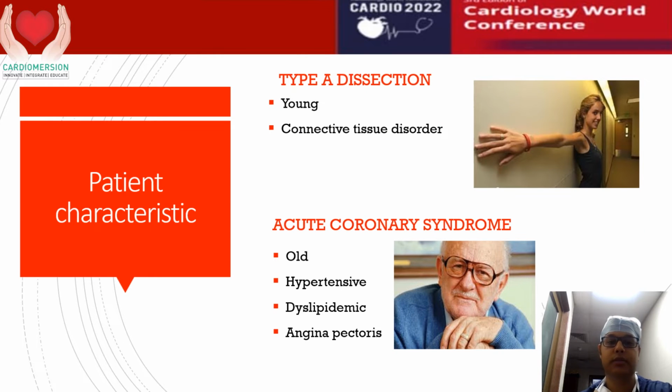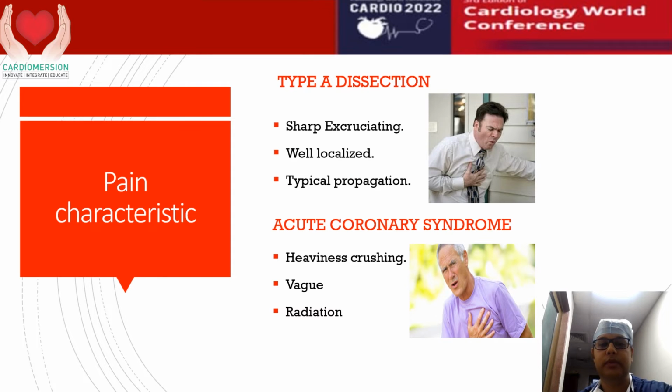acute coronary artery syndrome. So, what are the patient characteristics? In type A dissection, it would be a young patient presenting with a connective tissue disorder. In acute coronary syndrome, it would be an old patient, hypertensive patient, dyslipidemic patient, and angina pectoris may be present. Pain characteristics in type A dissection are sharp, excruciating pain, well localized, with typical propagation.